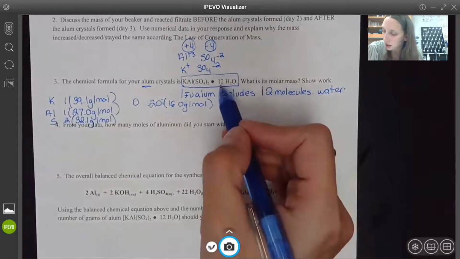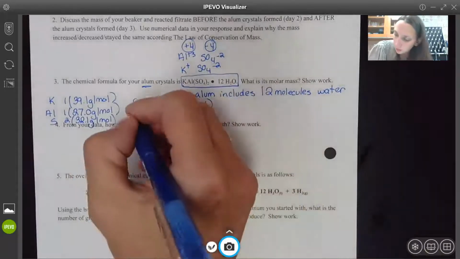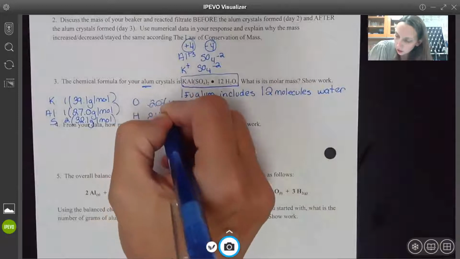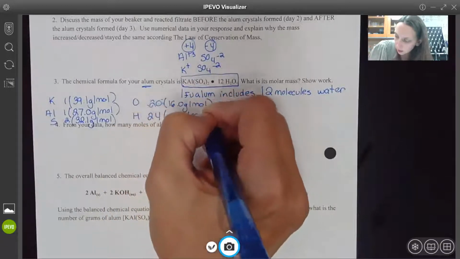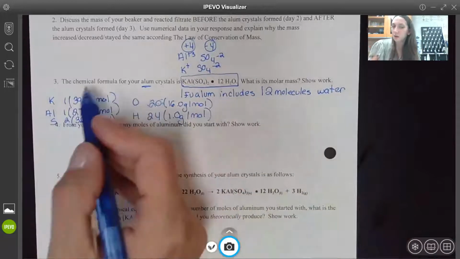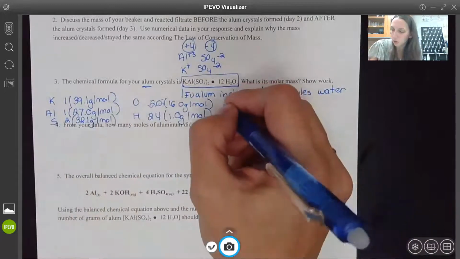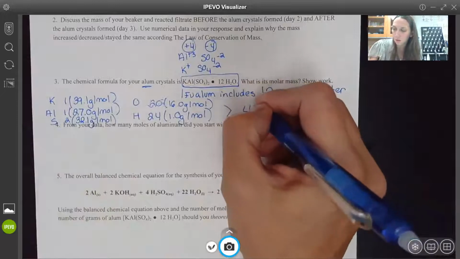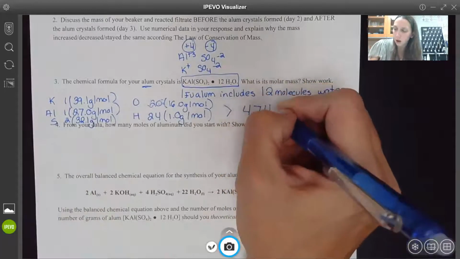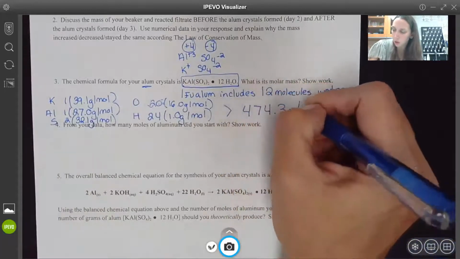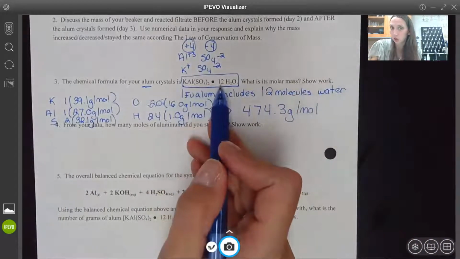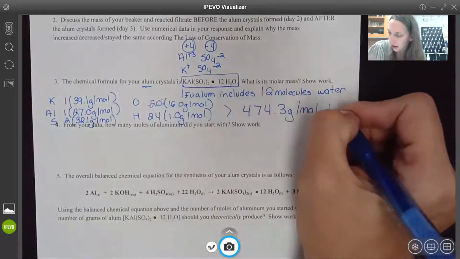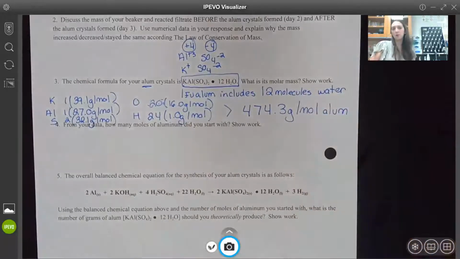And then hydrogen, 12 times 2, I got 24 hydrogens I got to deal with. The molar mass of 1 gram per mole here. And when I add all of this up, after I multiply through, my molar mass ends up being 474.3 grams per mole. And I could write potassium aluminum sulfate dodecahydrate, or I could just write the word alum, which you'll see me do in problems 4 through 7.